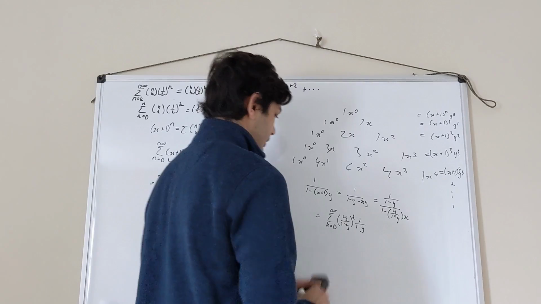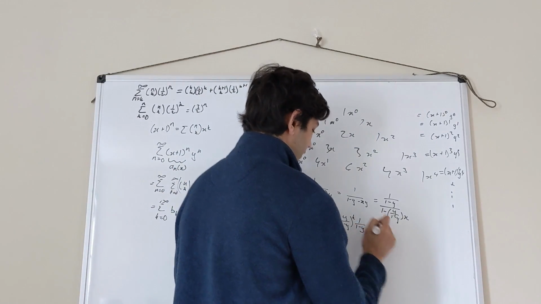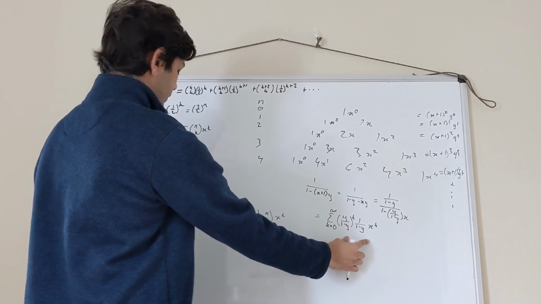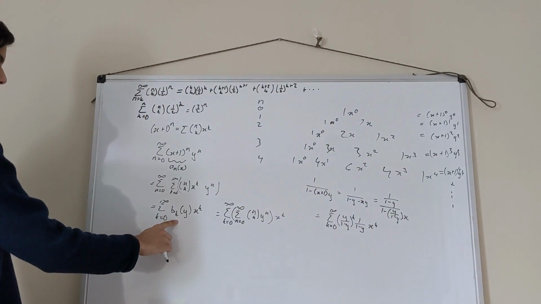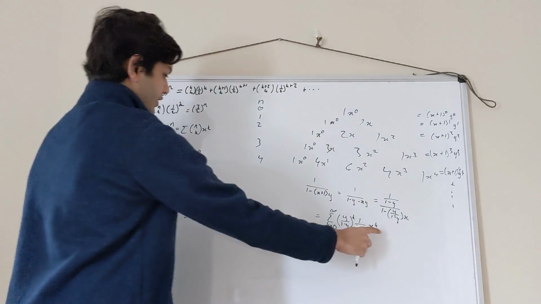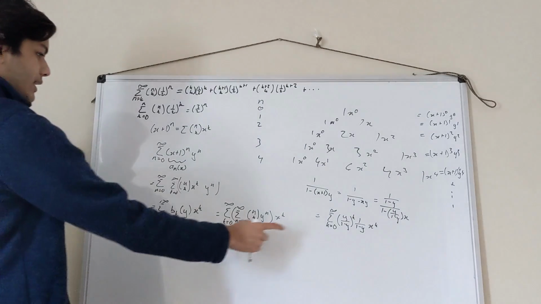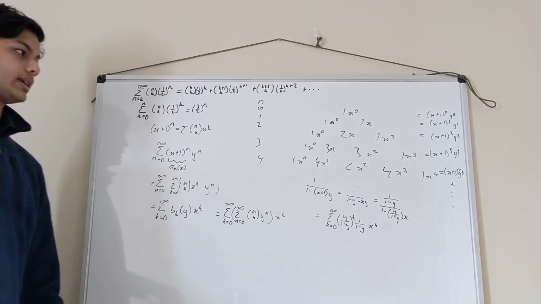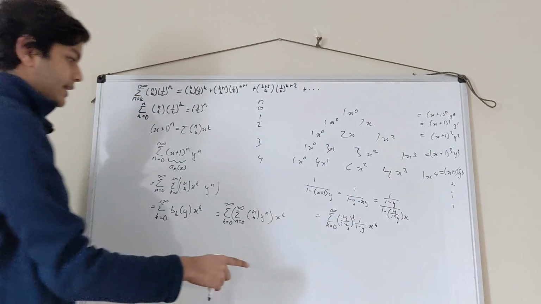So notice that we just got something where we have some function of y that depends on the coefficient k times your x to the k. So we have successfully regrouped these so that we're now summing over things with the same exponent, which means that we're summing over this diagonal.